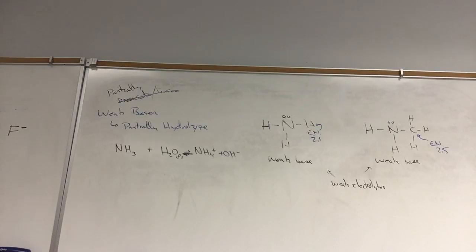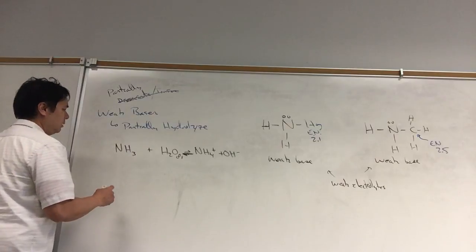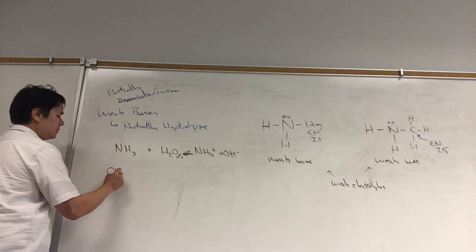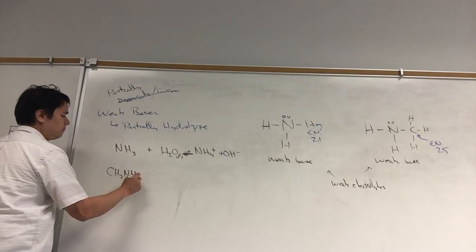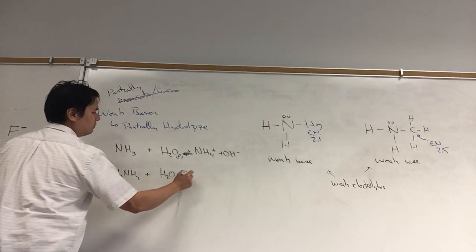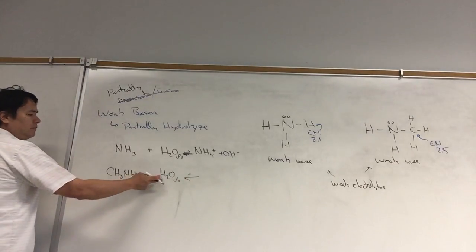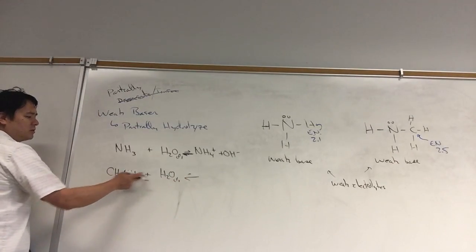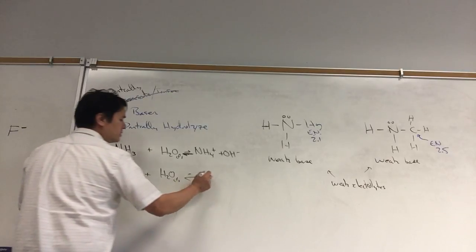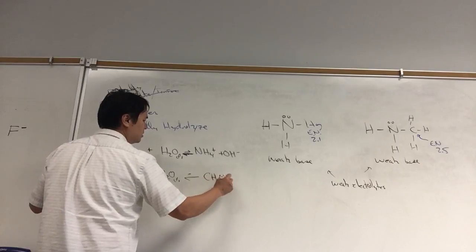Same thing if we have methylamine, CH3NH2. This will partially hydrolyze water. In this case, base is a proton acceptor, so this accepts a proton and a positive charge, which gives us CH3NH3.